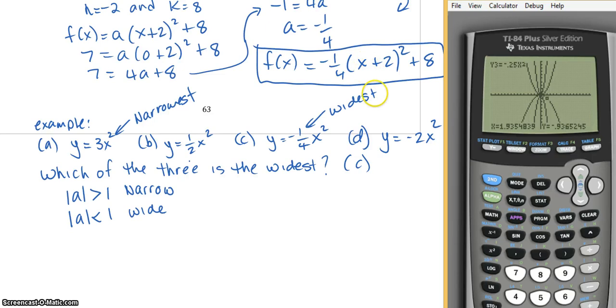If I hit trace and hit the right button, I can toggle between them, so the one that I have selected right now is the widest one. If you want to see the other ones, here's that curve, 3x squared, right? So each one of these you can check out. This one is the widest. Part C.